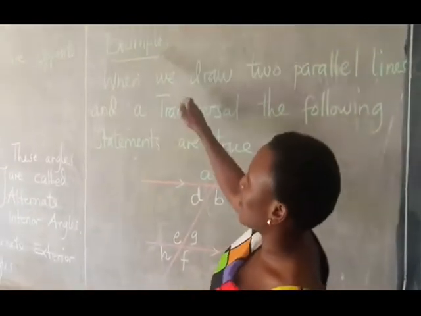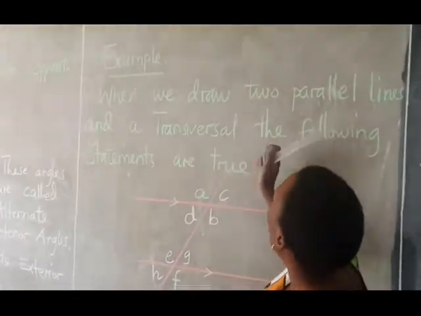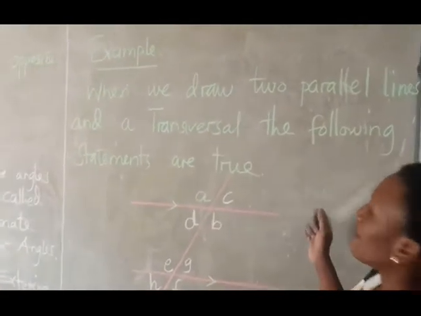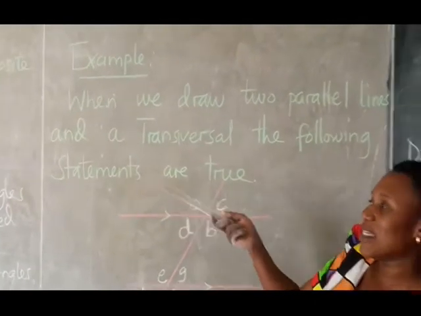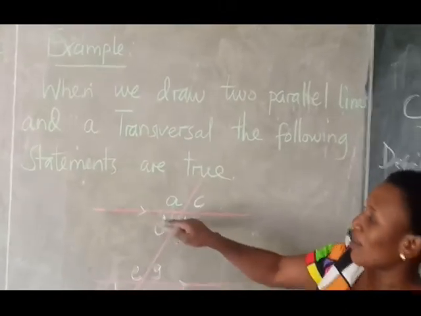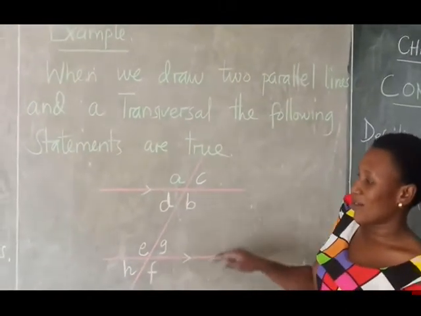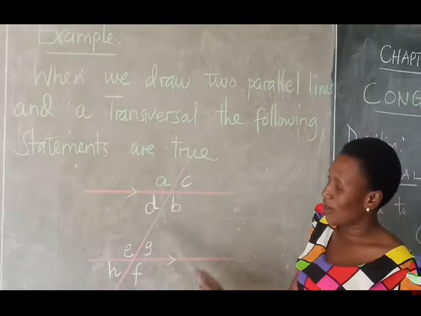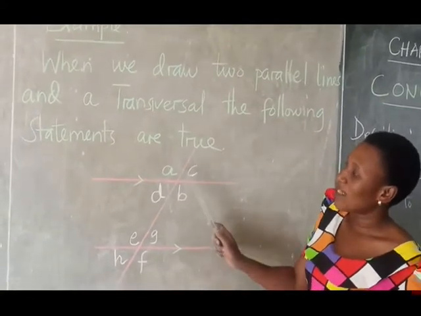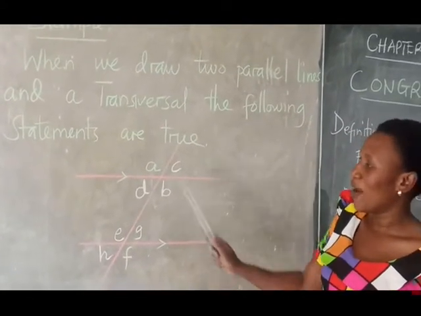Example of a postulate: when we draw two parallel lines and a transversal, the following statements are true. Here we have the two parallel lines, and this is what we call the transversal. We obtain some angles which will be equal.